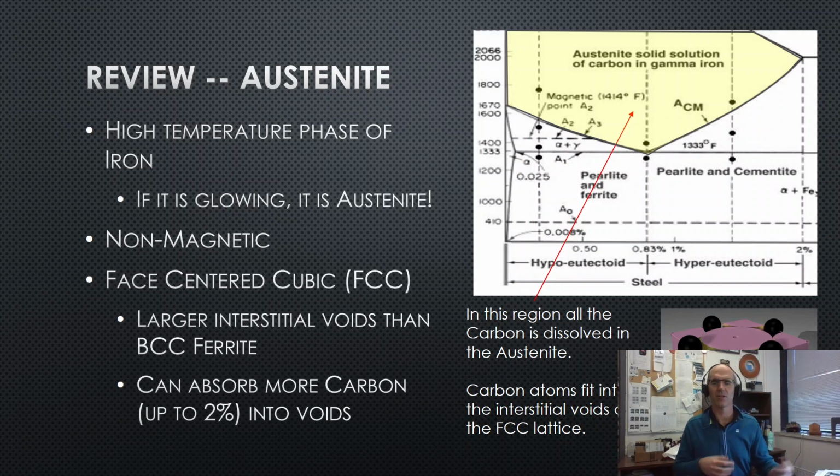You've got those larger interstitial voids. They can hold the carbon in there, and you can diffuse the carbon out evenly. So all of that pearlite that existed down at low temperature because we didn't have room for the carbon, that is now dissolved if you give it some time and formed a very even mixture throughout the solid iron.